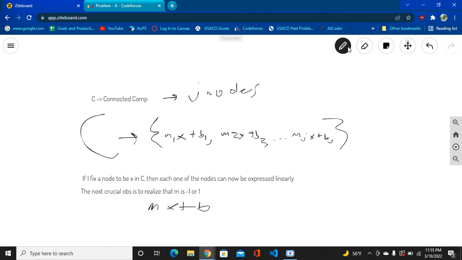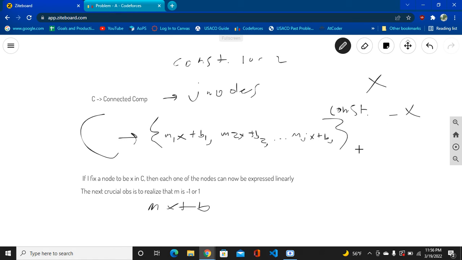You obtain a linear expression for each node. For example, if I fix the first node to be x, then I obtain the next linear form by doing c minus x. And then c is either one or two, or let me not use c because that was a bad design, but by doing a constant term minus x, because the constant term is either one or two, you obtain the next linear form.